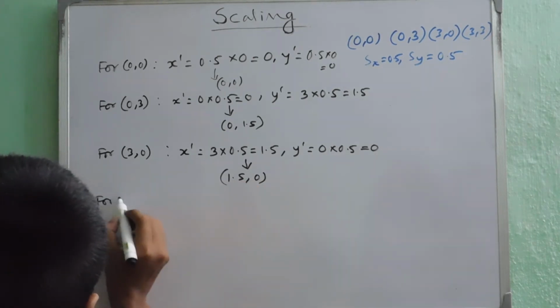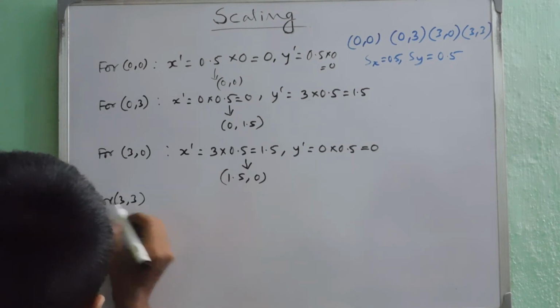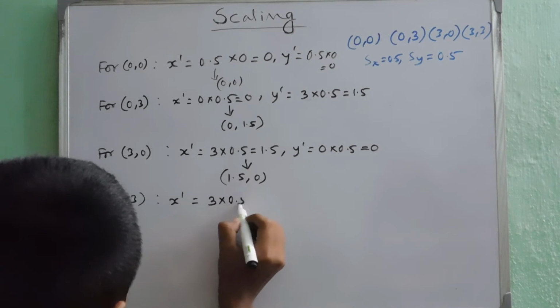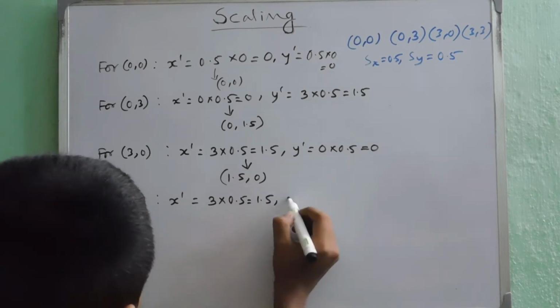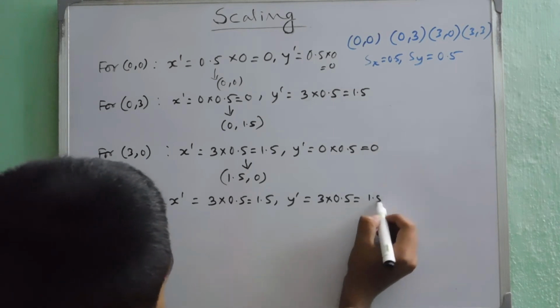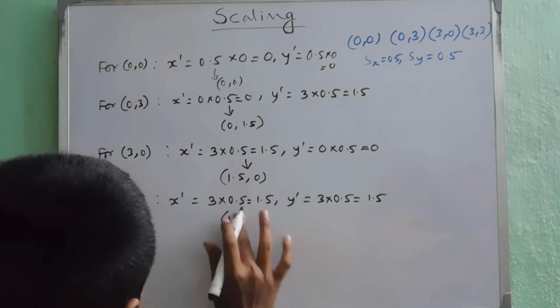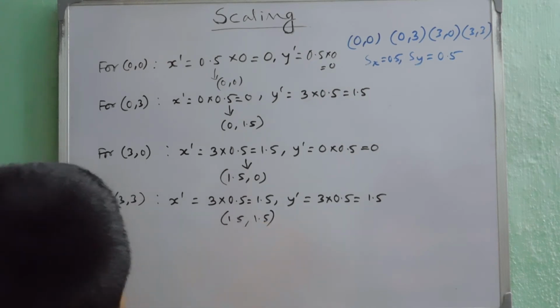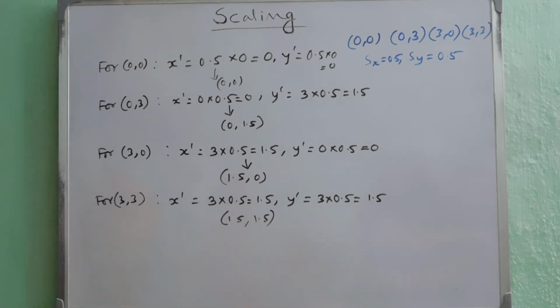And finally for 3,3, we have x dash equals to 3 into 0.5, that is 1.5, and y dash is also 3 into 0.5, that is 1.5. So 1.5,1.5. So let's plot the original square and the new square.